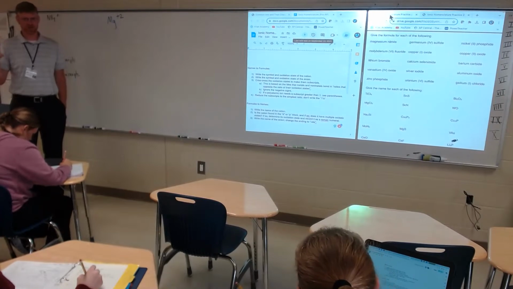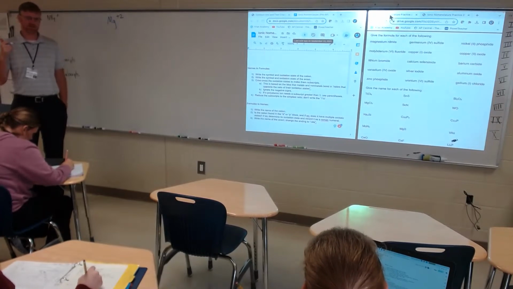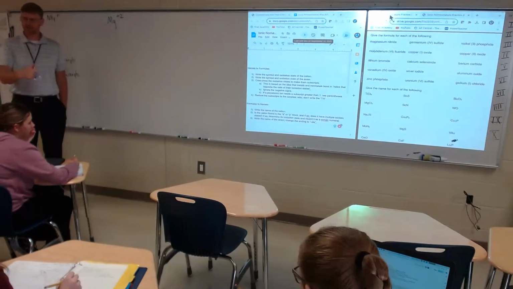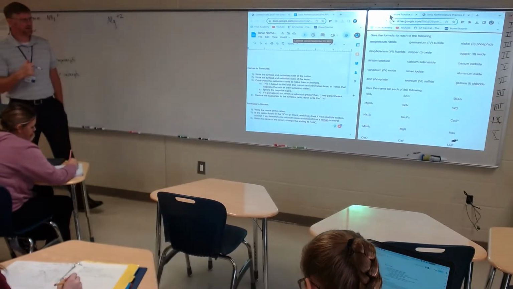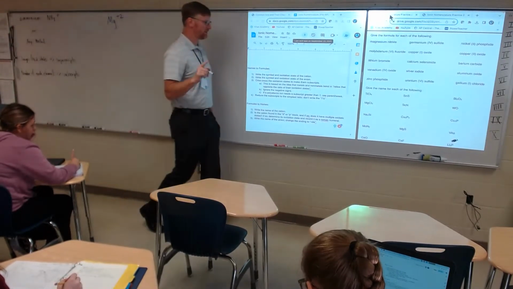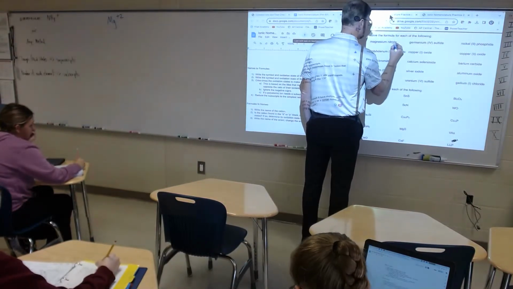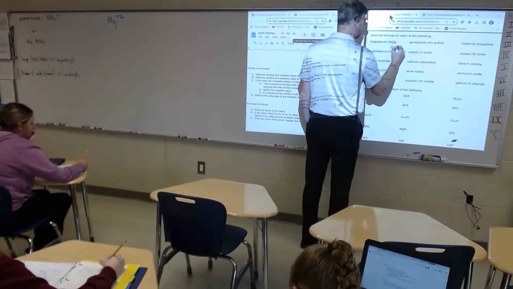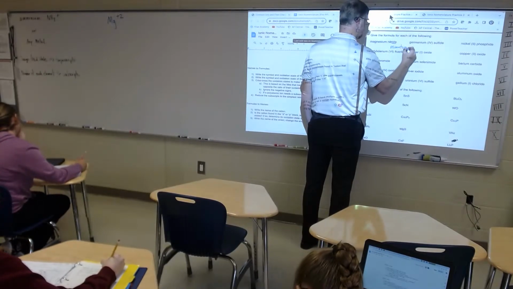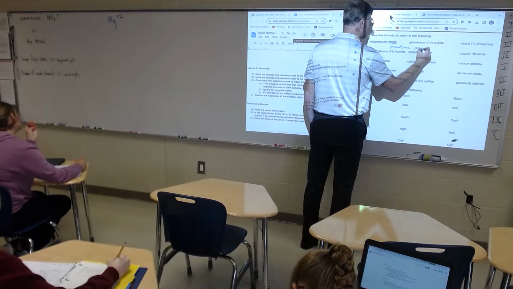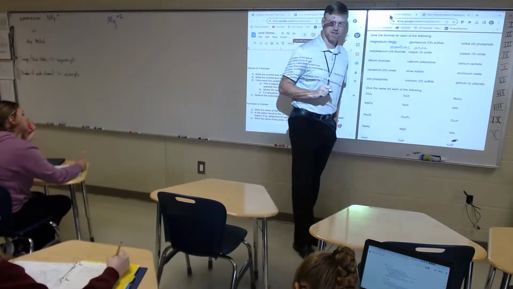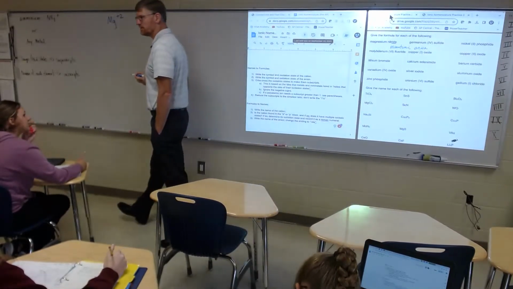So what is nitride? Nitride is the negative anion of nitrogen. If it ends in IDE, that's a monatomic anion, a fancy way of saying it's somewhere on the right-hand side of the periodic table.